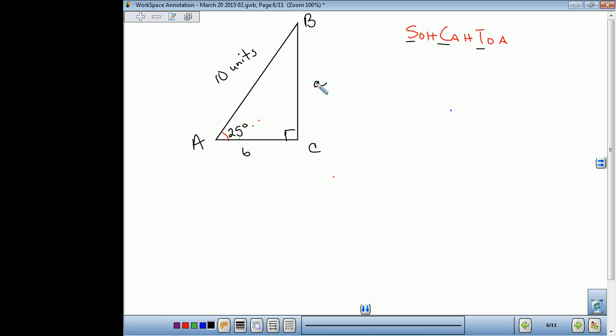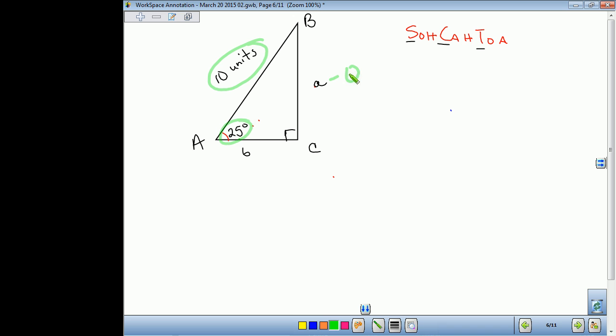Like, what if I ask you to find A? What if I ask you to find B? How could we do that? So what we do is we look at what we're given. We're given this, and we're given this. So with respect to this angle, this side A is the opposite, this side B is the adjacent, this side C is the hypotenuse.